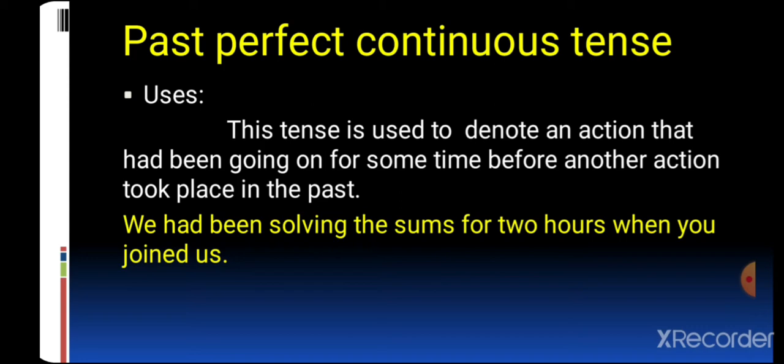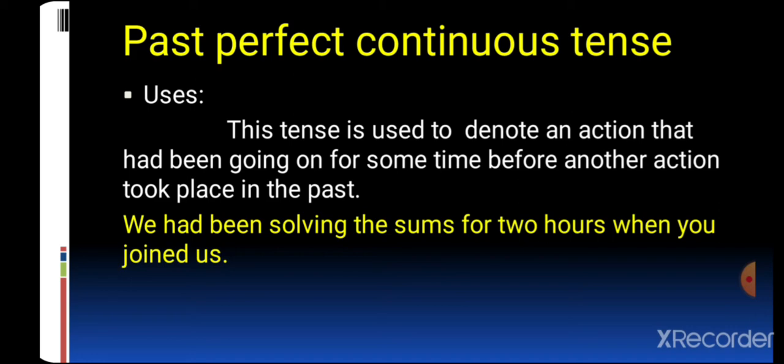Students, past perfect continuous tense is used to show an action that had been going on for some time before another action took place in the past. Remember, that had been going on for some time. For example, we had been solving the sums for 2 hours when you joined us.